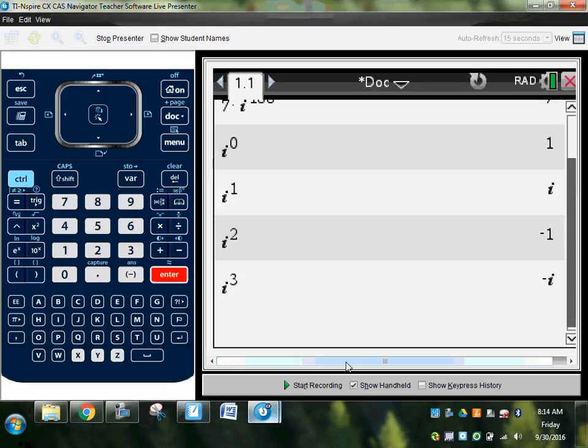Go in, please, into your calculators and fully input the last question that I gave you as it looks, so 7i to that power and so on.